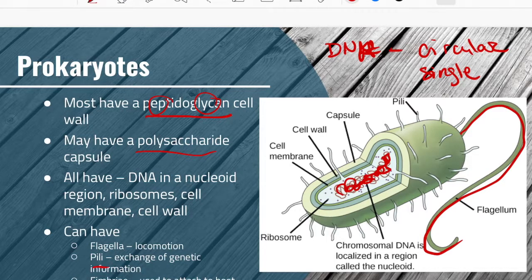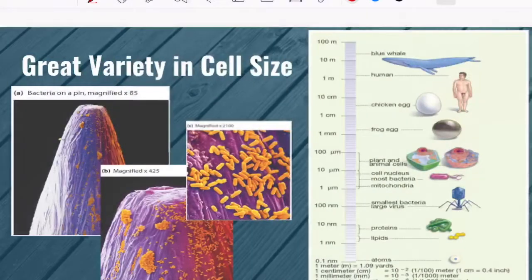They can have pili, and these pili will extend from prokaryote to prokaryote like a tube. So you'd have a prokaryote, and the pili would extend, and DNA can move along that tube. And then fimbriae. Fimbriae are used to help attach to host cells so that they can attach and have that environment to live in.